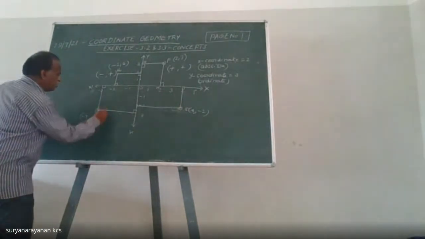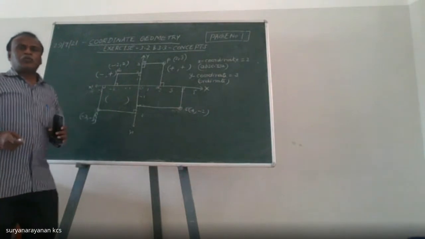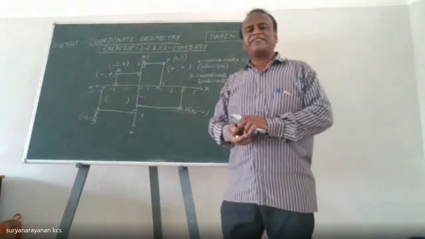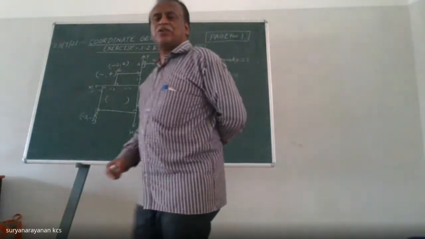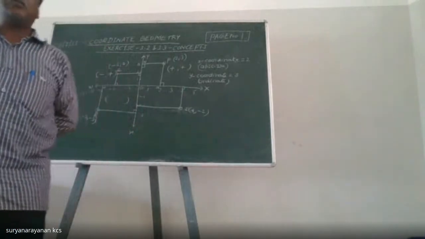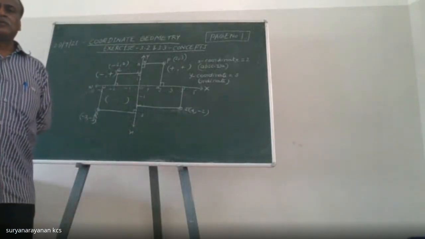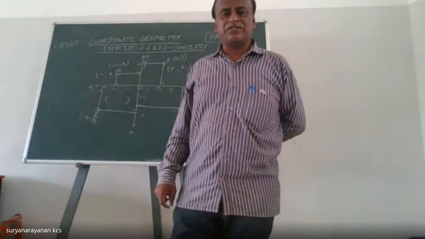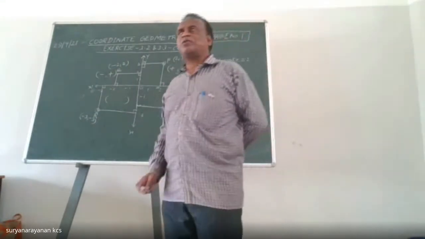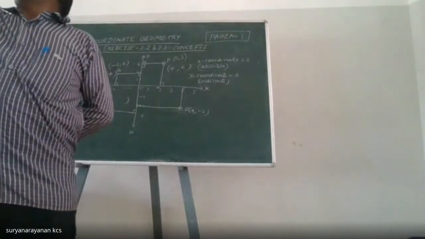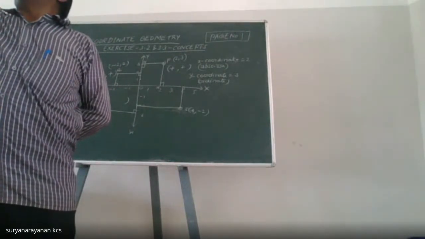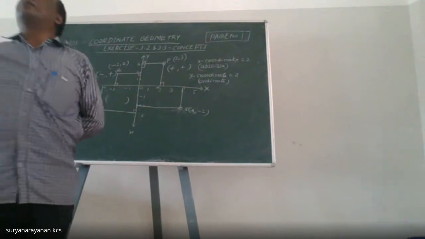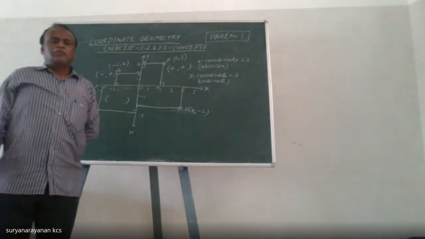In the third quadrant, what are the borders of quadrant 3? Which axes are borders of quadrant 3? Which coordinate axes are borders?